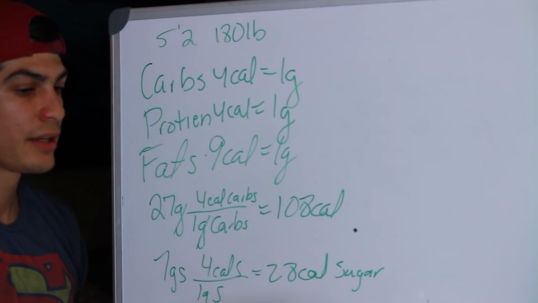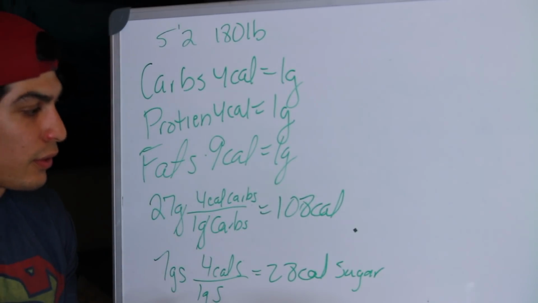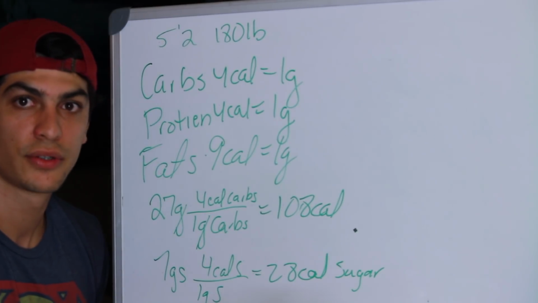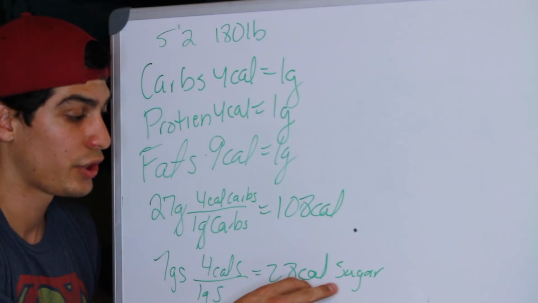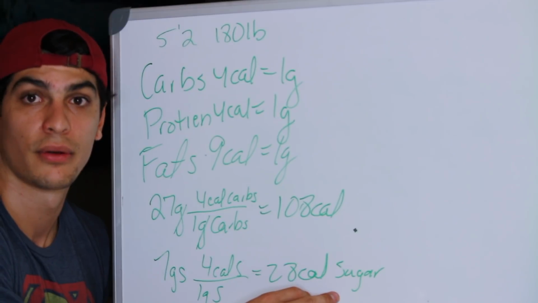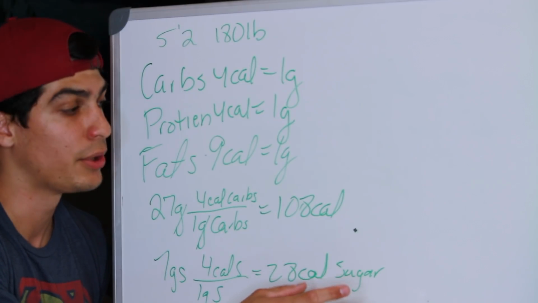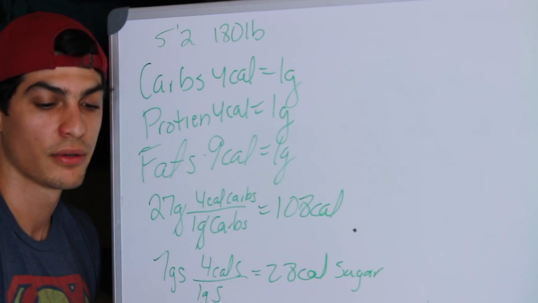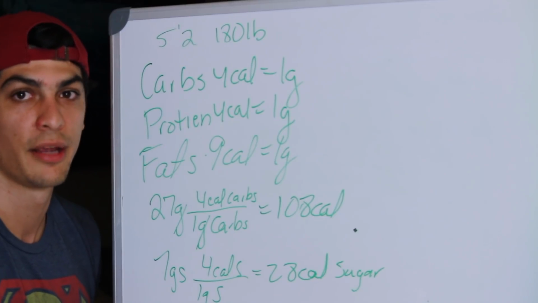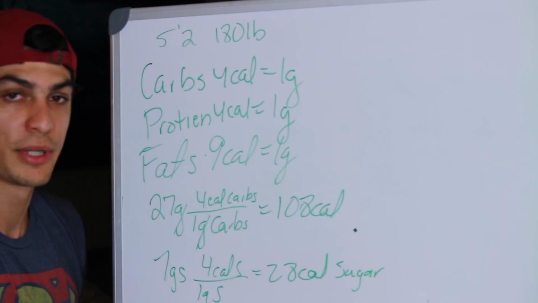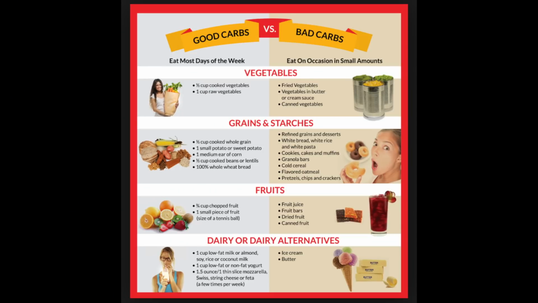Usually when I make plans, I'll tell them, listen, you have this many calories of carbohydrates, and sugar should only be limited to this amount. You could eat sugar, but you can't be eating sugar cookies all day long and saying, oh, I hit my macros, I hit my carbs. It has to be quality, the right types of carbs.